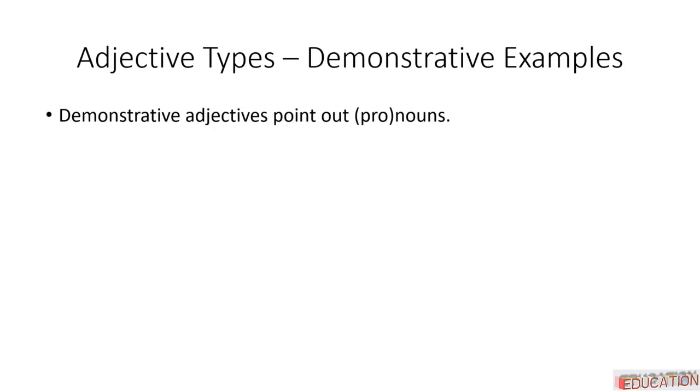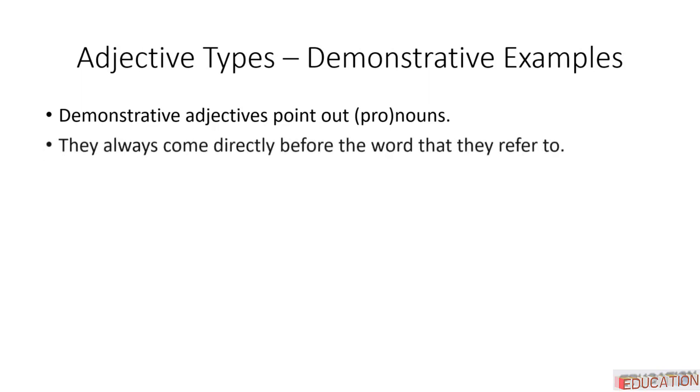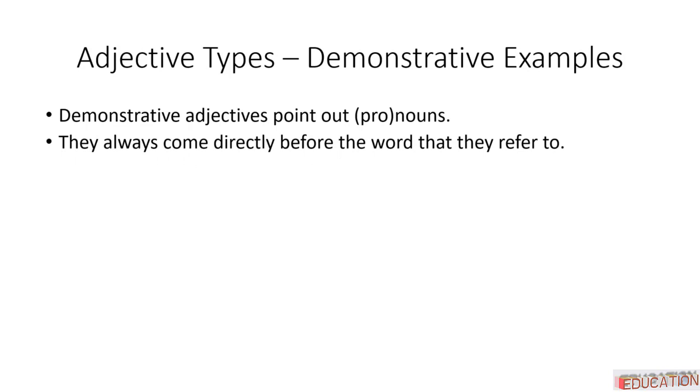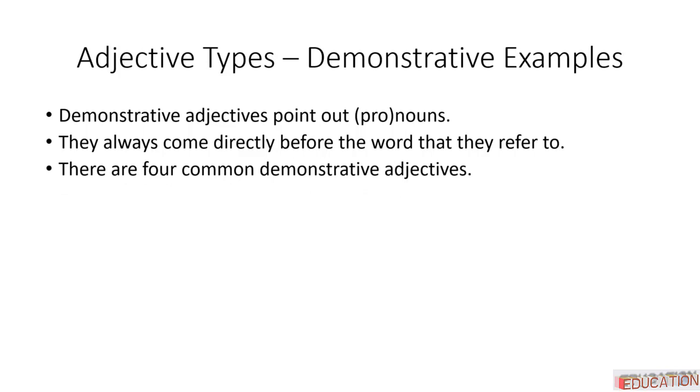The demonstrative adjectives point out nouns or pronouns. And they always come directly before the word that they're referring to. And the 4 common demonstrative adjectives are this, that, these, and those. And they all have specific uses. So this and that are for singular items, and these and those are for plural items.